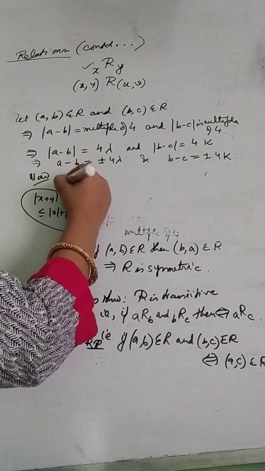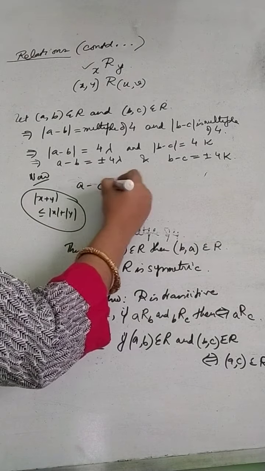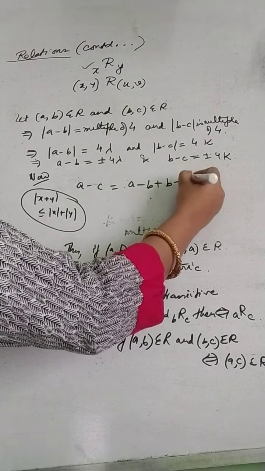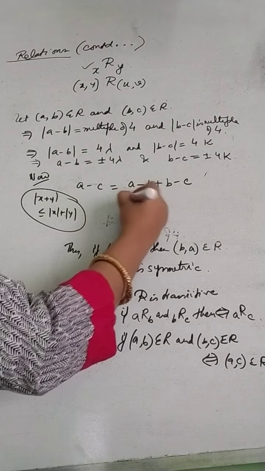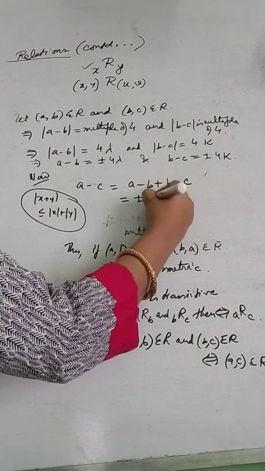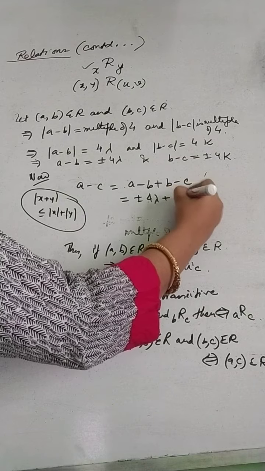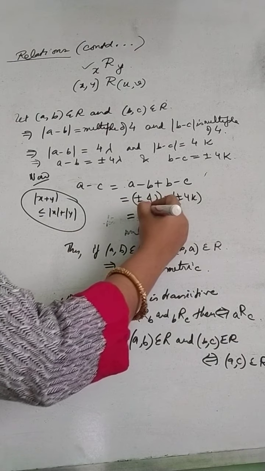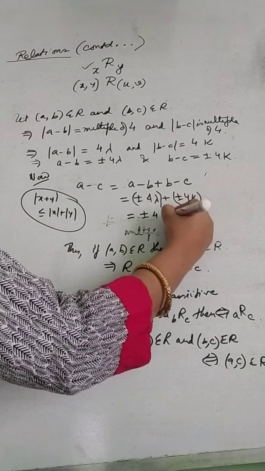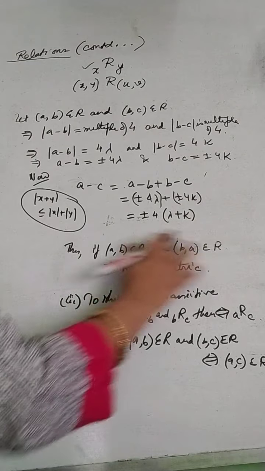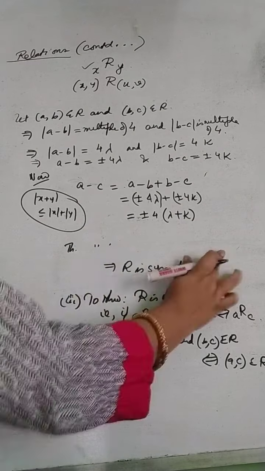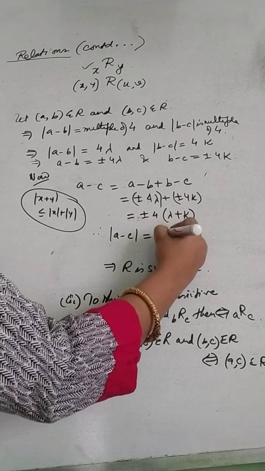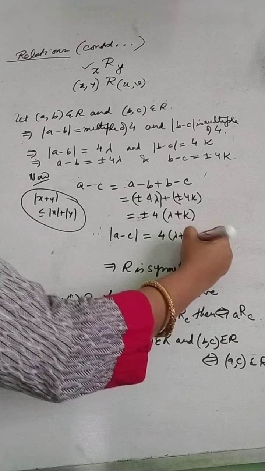A minus C, which can be written as, this part I'm keeping the same, A minus B plus B minus C, and therefore it can be replaced. A minus B is plus minus 4 lambda and this is plus minus 4k, just replacing the previous two equations. In other words, it is plus minus 4 times lambda plus k. Lambda and k are constants, so definitely what can you say? Therefore mod of A minus C is equal to 4 times lambda plus k.